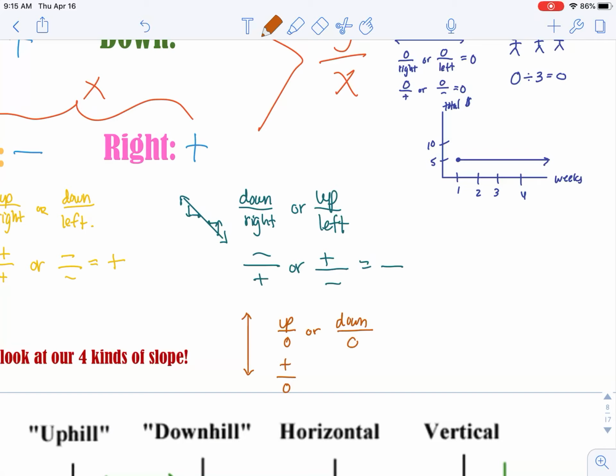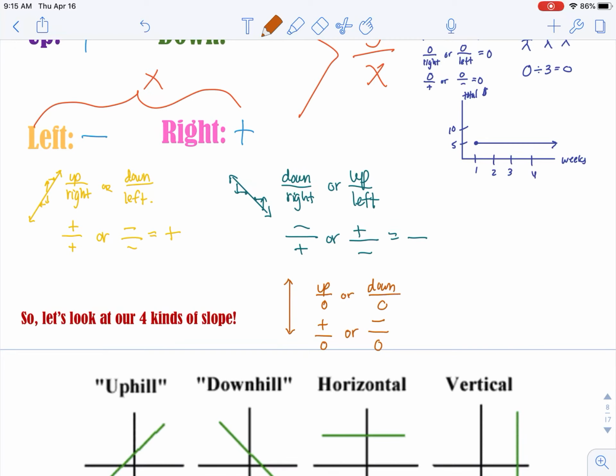So that's going to be plus over 0 or minus over 0. And this, ladies and gentlemen, we call undefined, because you cannot divide by 0. It is impossible to divide by 0.